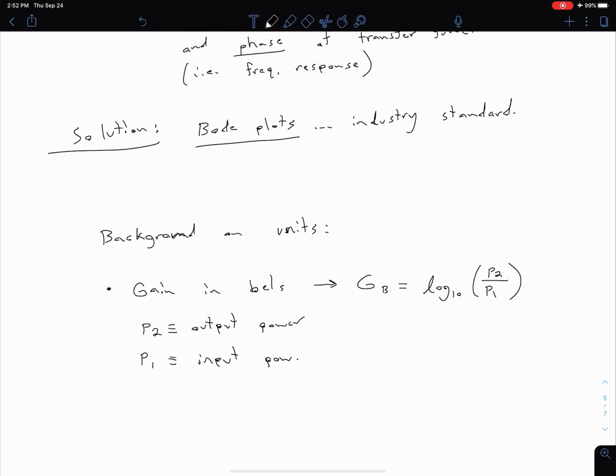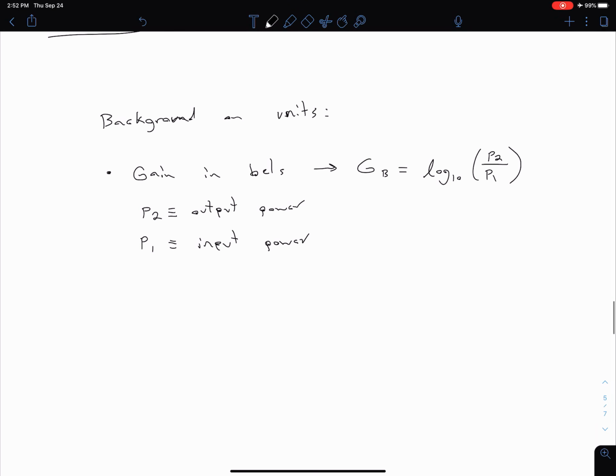The unit bel is actually named after Alexander Graham Bell, and it turns out that one bel is very large. So typically what we use instead is decibels.